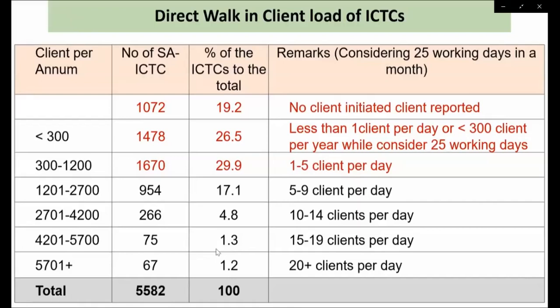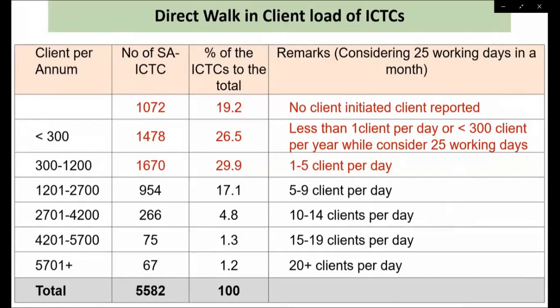So there are centers where there is no client load, and if you look at the national level, I would say there are only 500 or 600 centers which actually have a good number of client load, that is 10 or more. The rest of the 5,000 centers are showing less than 10 clients, and almost 2,500 centers are such where there is less than one client per day, or even no client.